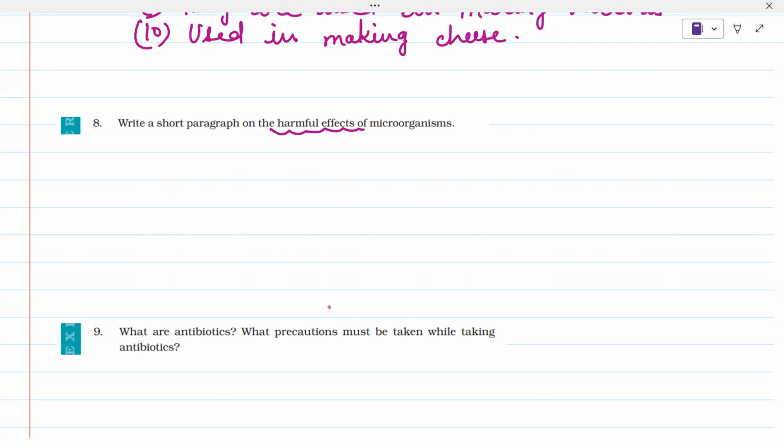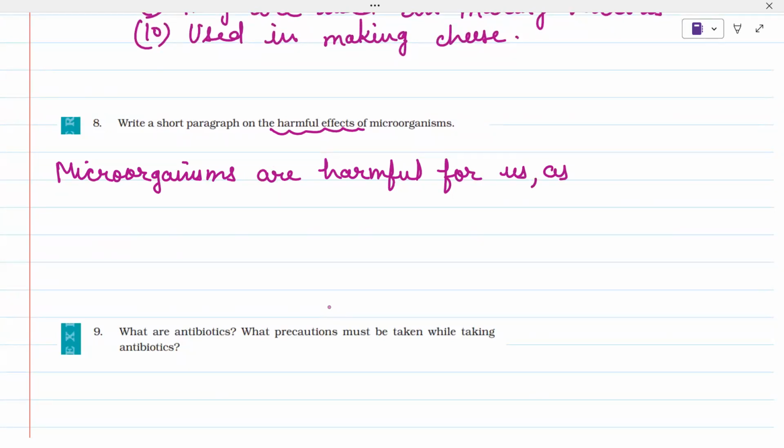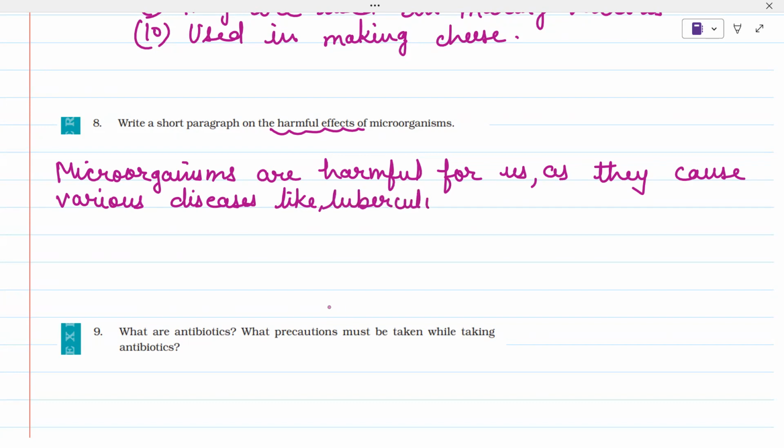So we can write down that microorganisms are harmful for us as they cause various diseases like tuberculosis, AIDS, cholera, etc. These are the few diseases, right?